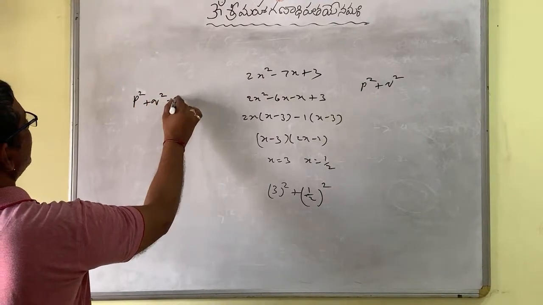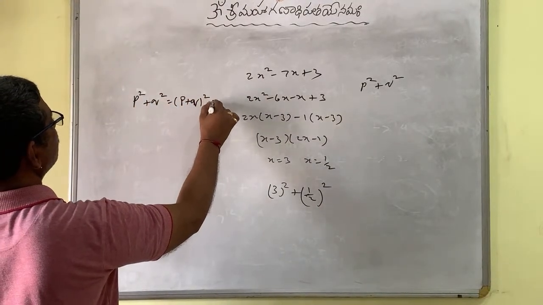P square plus Q square is P plus Q whole square minus 2PQ.